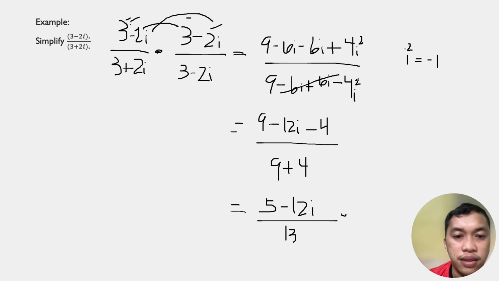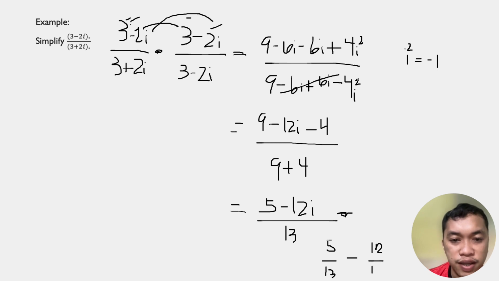Or you can write this as 5 over 13 minus 12 over 13i. So it is in the form a plus bi.